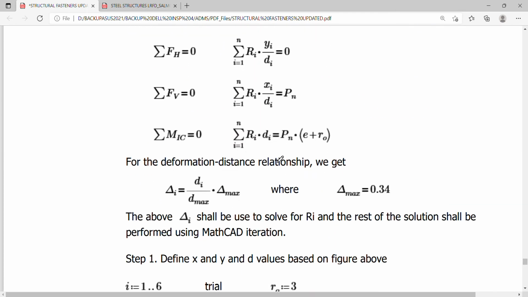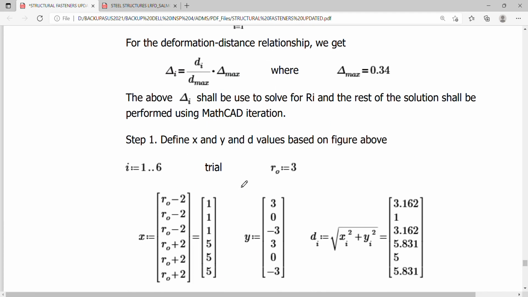Okay, for the deformation distance relationship, it's just like a proportion that the deformation brought about by the load P is actually proportional to their distances from the instantaneous centers.